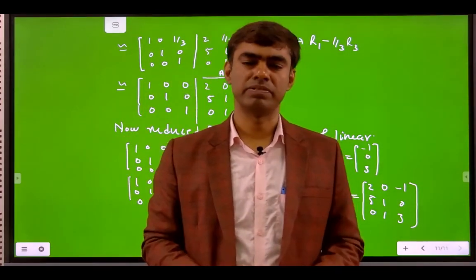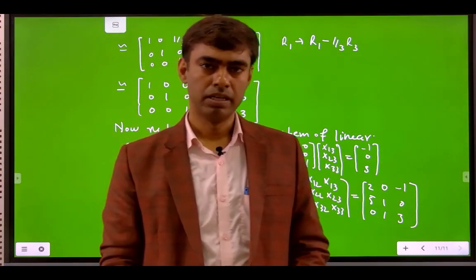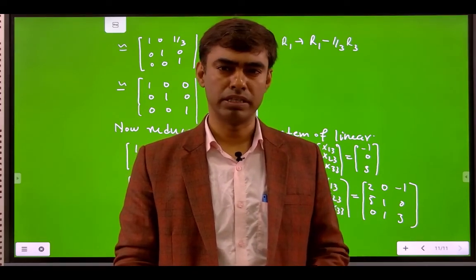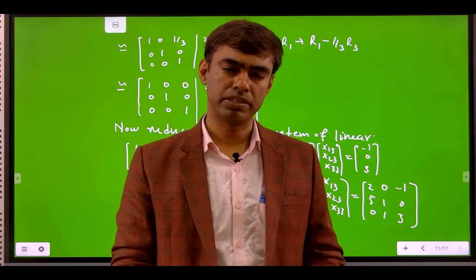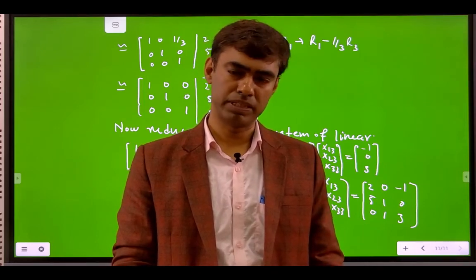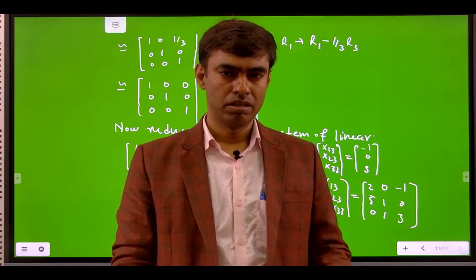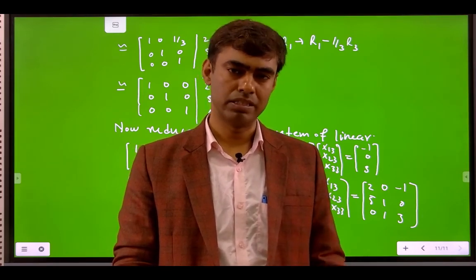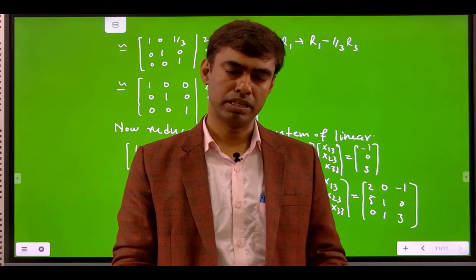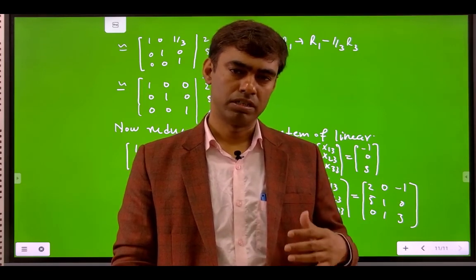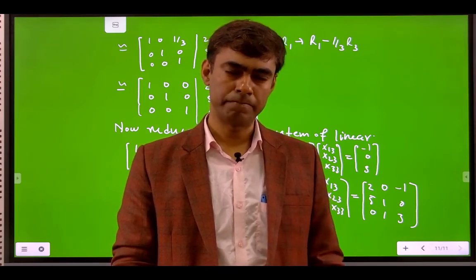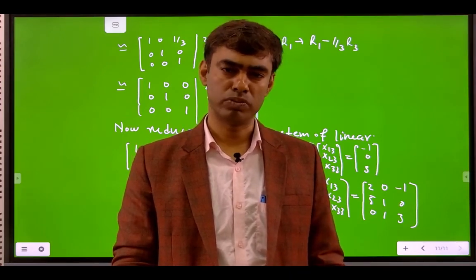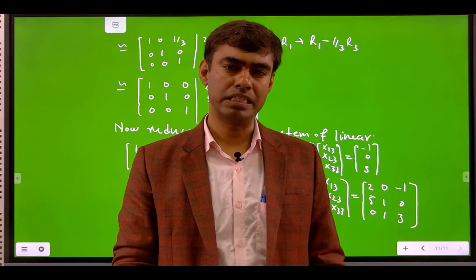Now what is the summary of this lecture? If any non-singular matrix is given, then be able to find the inverse of that matrix with the help of the Gauss elimination method or Gauss-Jordan method. To find A inverse, first of all we assume that A inverse is a square matrix of the same order as A, and we assume that these are x11, x12, x13 and so on, the unknowns.